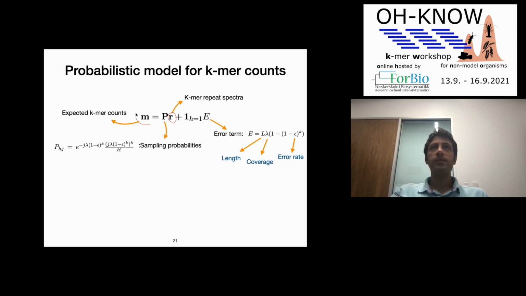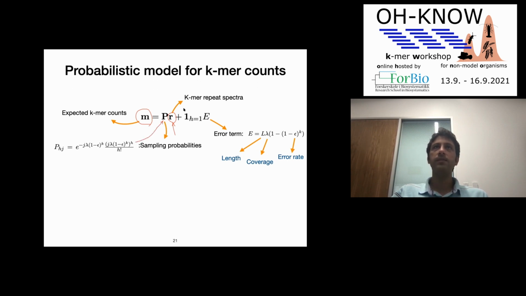M is what we observe. M is the repeat spectrum of the genome skim. The repeat spectrum of the genome skim is a function of the repeat spectrum of the genome itself, of course, but it's also a function of the coverage and error, right?